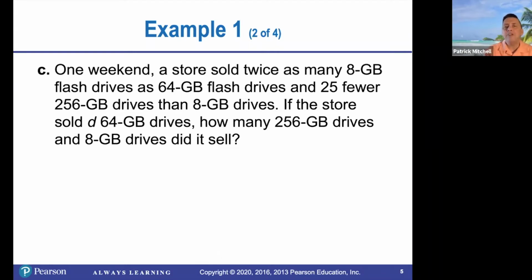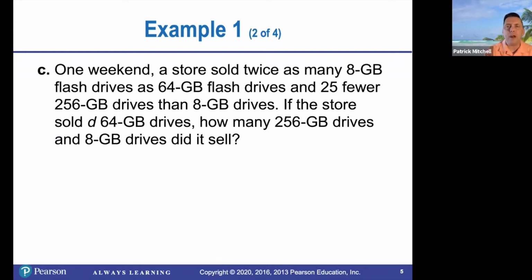How many 256 gigabyte drives did it sell? That number is 25 fewer than the number of 8 gigabyte drives, and we just said that number is 2D. So we have 25 fewer than 2D. Be careful: fewer than means subtraction, of course, but when it says 25 fewer than 2D, don't say 25 minus 2D.